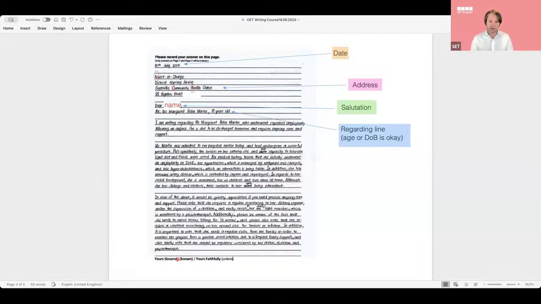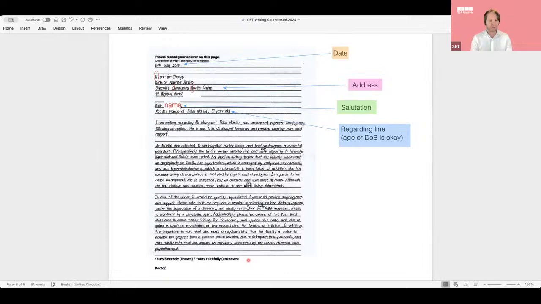Now, guys, does this really matter a lot in your letter? Are you going to fail your exam because you make a mistake here? The answer is no. So don't worry about this too much. Should you say nurse or should you give your name? Anna, should you write Anna or should you just write nurse?